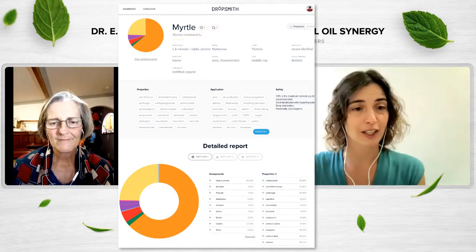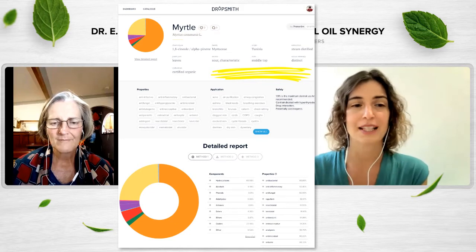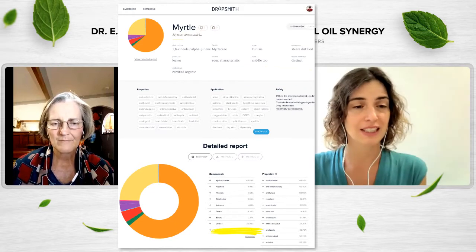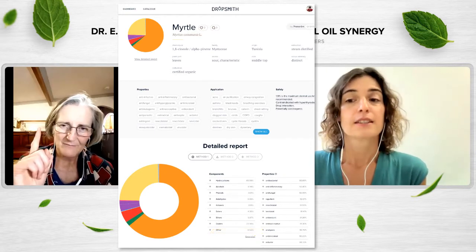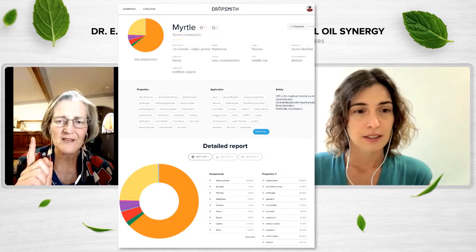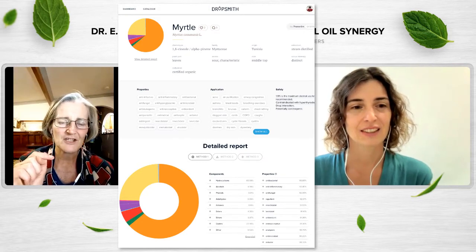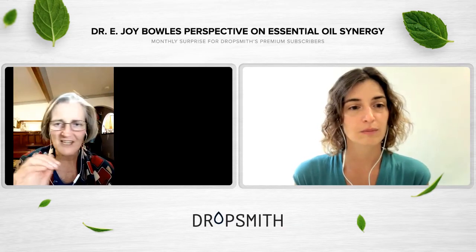Then the next thing we talked about is the smell. In that case also, a small percentage can be very important because it ruins or benefits the entire oil or the blend. But what you haven't got in Dropsmith is odor threshold for the different constituents. So people can't predict which are the stinky constituents.